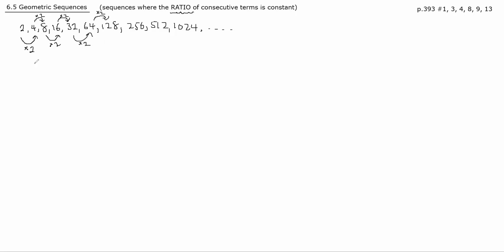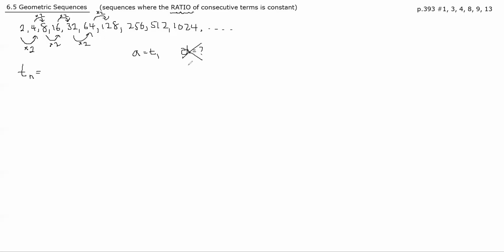Okay. So again, before I go into any more details, let's write out an explicit formula for it. Same numbers, same letters. I want to use the letter A for the first term. And am I using a difference right now? No, I'm using a ratio.